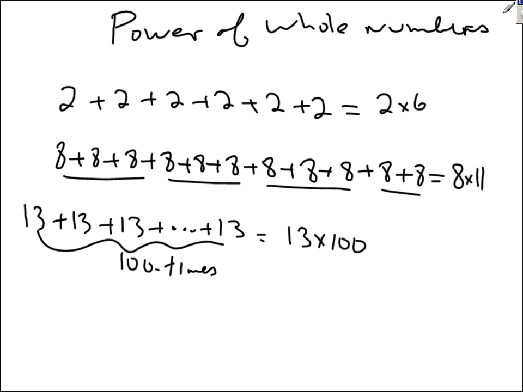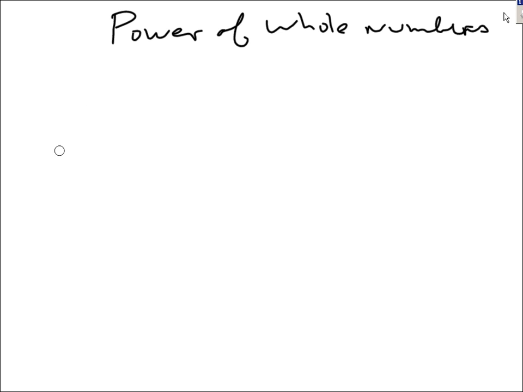There is definitely a need for this shorthand notation, and it happens to be called multiplication. So when somebody asks you what's 7 times 5, well, that's 7 plus 7 5 times, or if you prefer, 5 plus 5 7 times.